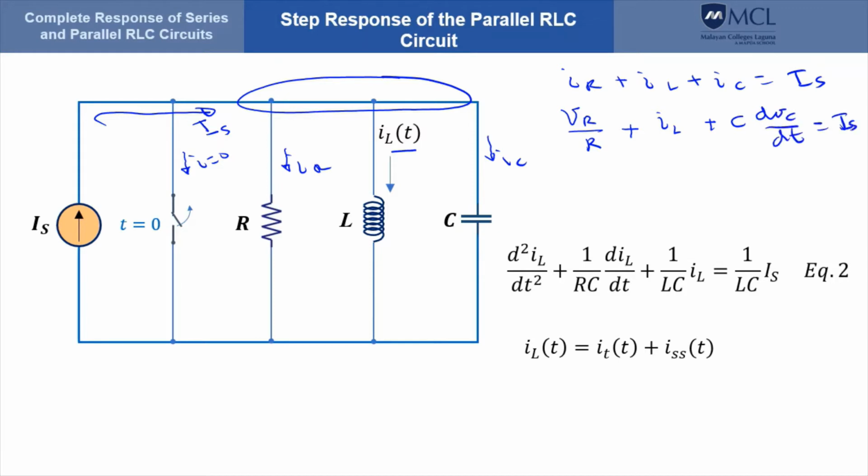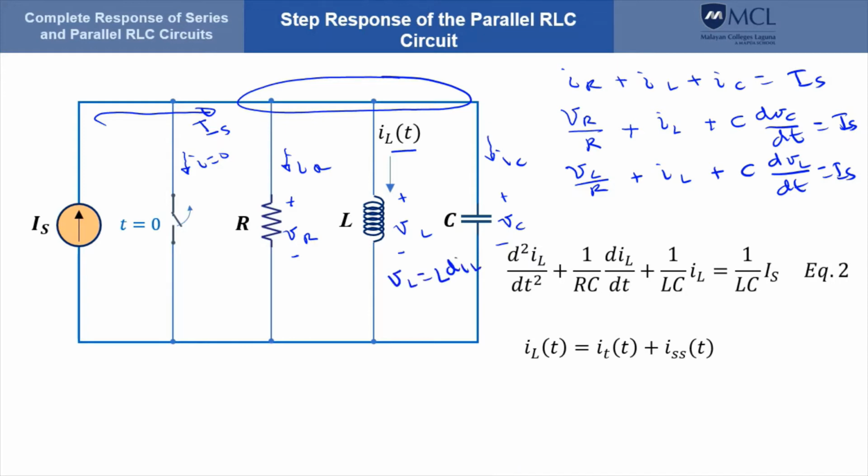But V sub R is equal to V sub L, because they are in parallel, so this VR here is actually equal to VL here, which is also equal to V sub C. So therefore, we can rewrite this equation as V sub L over R plus IL plus C dVL over dt equals I sub S. But VL is equal to L dIL dt.